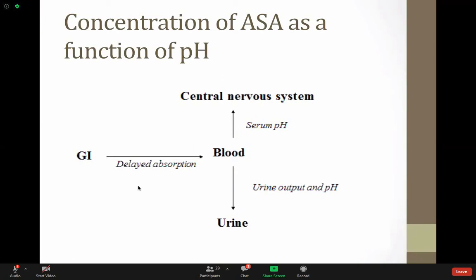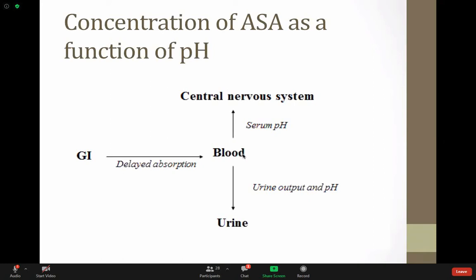So just to get you to understand, you take aspirin, you ingest it through the GI tract. If you take too much, absorption is delayed and the effect will be late, so you have to consider that when you're treating a patient. And then it goes to the blood. If the blood pH is low, if they get metabolic acidosis because you didn't treat them well or they come late, then the aspirin will become non-ionized, can cross the membranes and go to the brain, and that's how the patient dies.